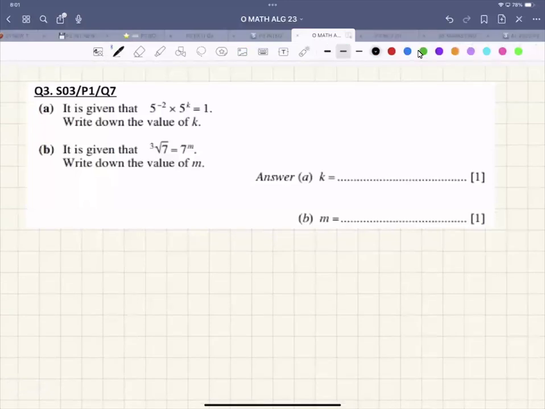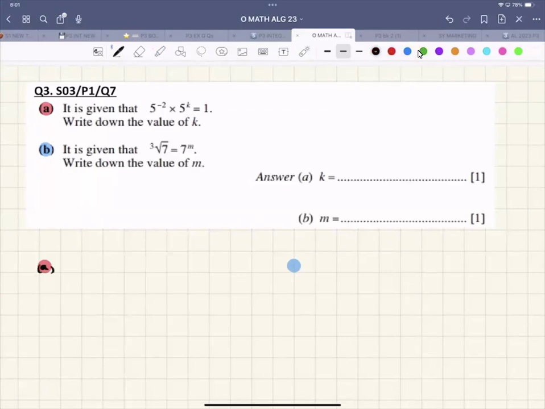It is given that 5 raised to power of negative 2 into 5 raised to power of k is 1. Write down the value of k, the first thing. Then the second part that I'll do on the sidelines over here.